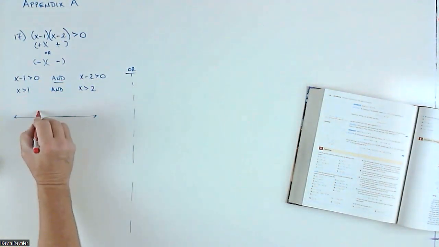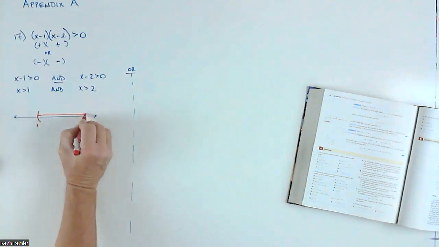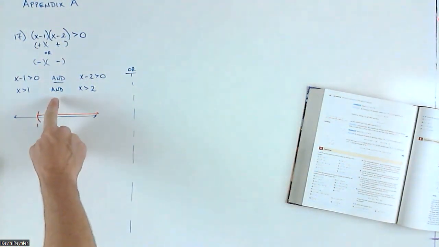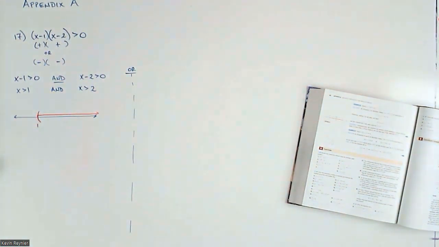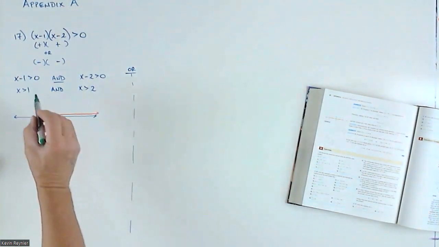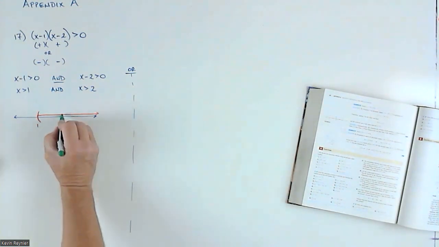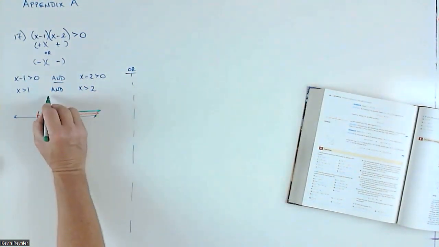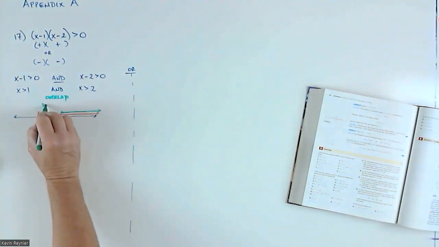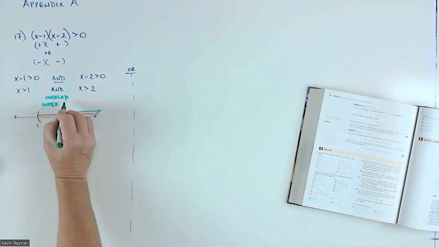Greater than without an equal sign is an open interval, and we go this way. This is and, not or. Here's 2. x is also greater than 2, so we get an open interval there, and we go this way. And means overlap, or intersection.